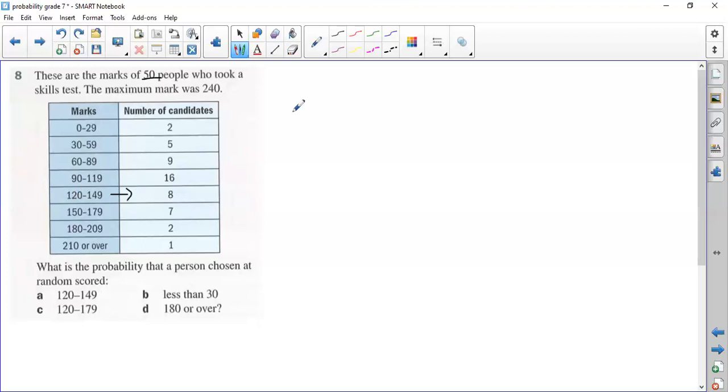So the probability for it, between 120 and 149, is the number of persons who took this mark, which is 8, over the total number of people, which is 50. 8 over 50, can be simplified with 2, 4 over 25. 4 over 25.